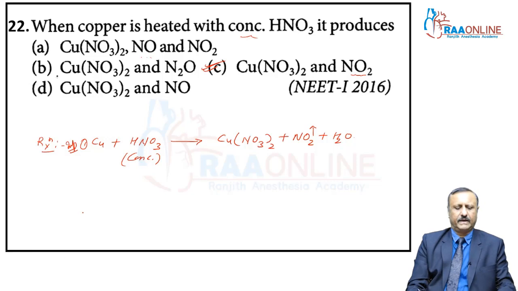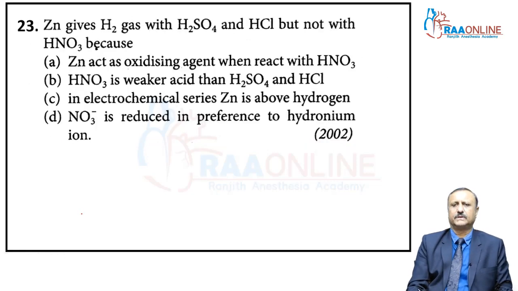Please see it. Now my dear students, we can go to question number 23. Here, zinc gives hydrogen gas with H2SO4 and HCl, but not with HNO3, because an oxide layer is deposited on the zinc surface.